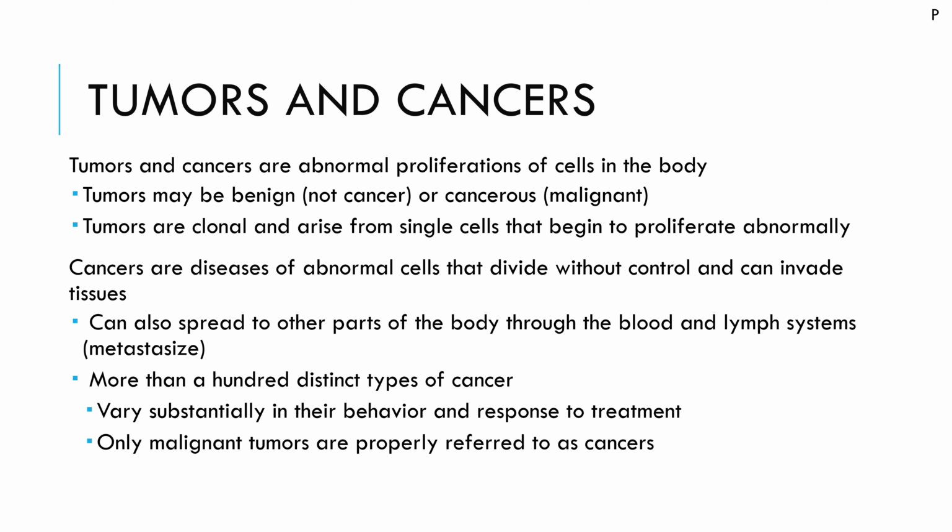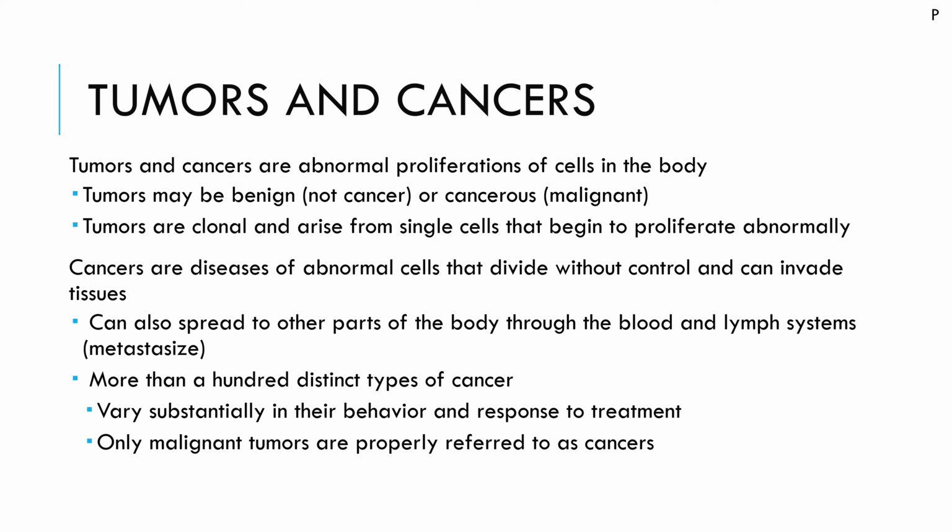Bit of background on tumors and cancers. Tumors and cancers are abnormal proliferations of cells that occur in the body. Tumors may be either benign, that is to say they're not cancerous, or they can be cancerous, that is to say they can be malignant.